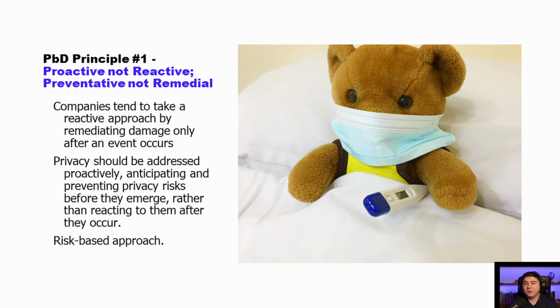However, the best approach is to address various issues before they even happen. The goal of this principle is to execute a so-called risk-based approach. With this kind of approach, you can foresee some specific risks and apply various measures to protect the privacy of your end users.